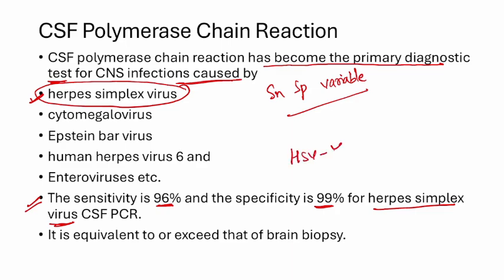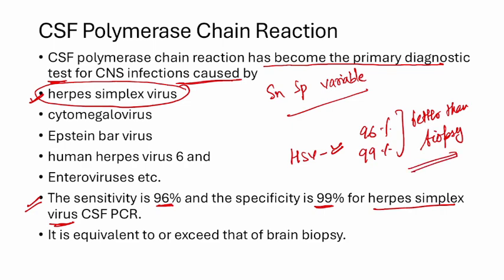For HSV it is fine, 96 and 99, and it is even better than biopsy. So it is very reasonable to do PCR in HSV suspected encephalitis. But other viruses might not be able to produce the results. It is equivalent to or exceeds brain biopsy. So for herpes simplex virus, do CSF PCR. It is a very high-yielding investigation.